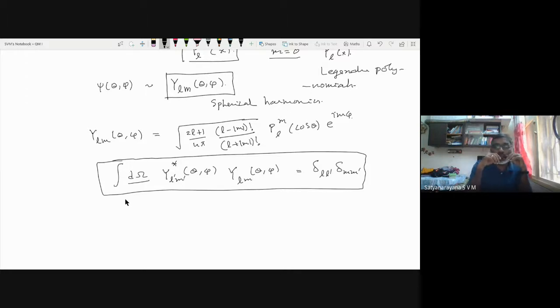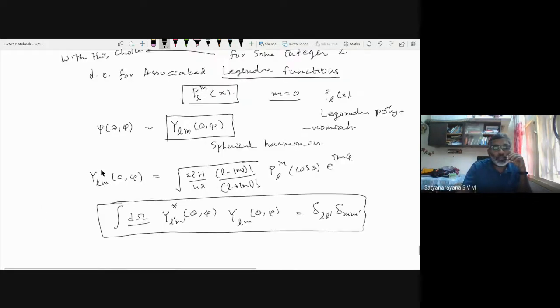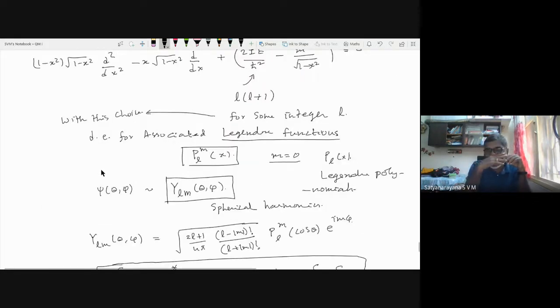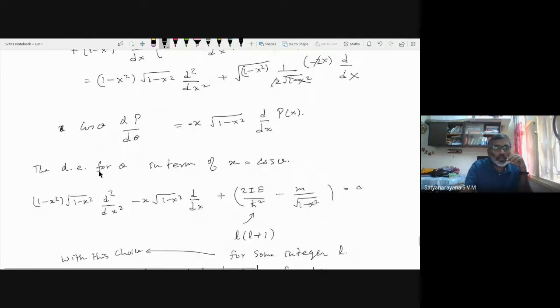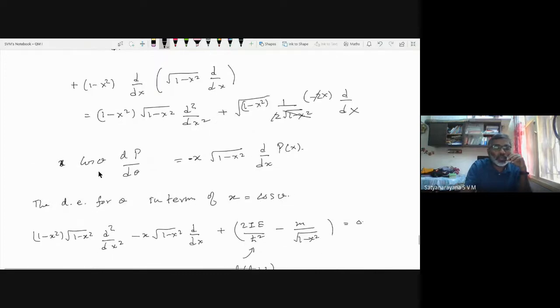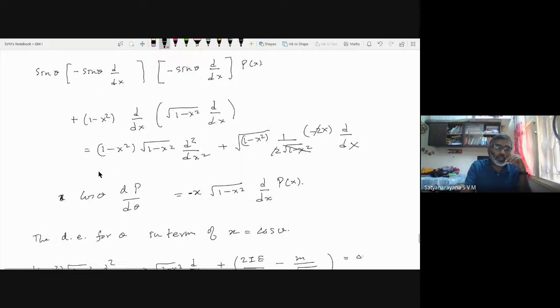So we will continue in the next class, maybe spend a little time on understanding the spherical harmonics, and then look at this problem of rigid rotator or a particle on a sphere, and then relax the conditions where we bring in the radial coordinate. And then eventually, as I told you, our aim is to go to the solution of the hydrogen atom. So I am doing this step by step so that we understand the nuances of every problem and then see its relevance in solving the next problem.